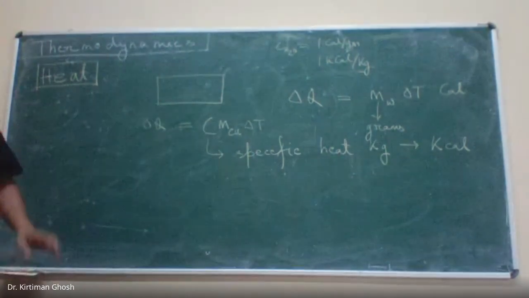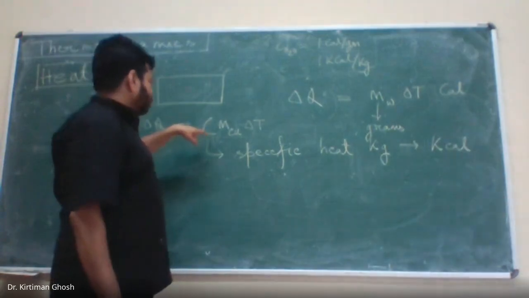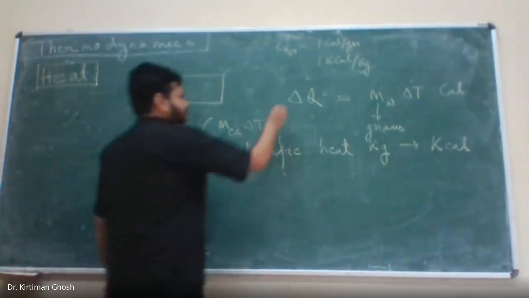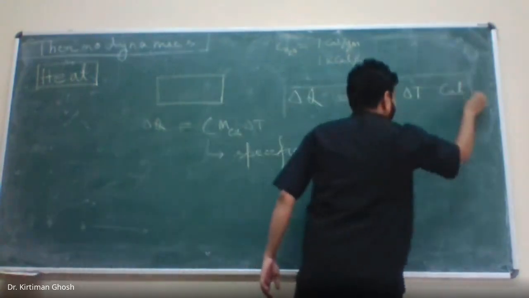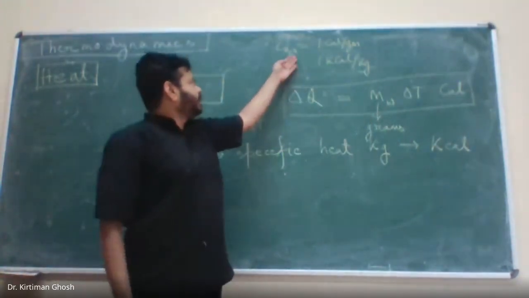Okay, so let me give you a simple example. This is the definition, and this is why I have defined it. That immediately gives us the specific heat of water.